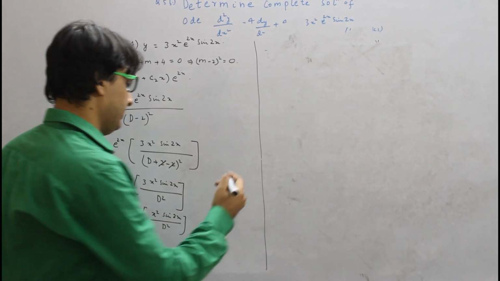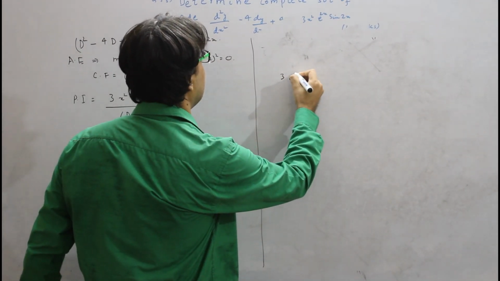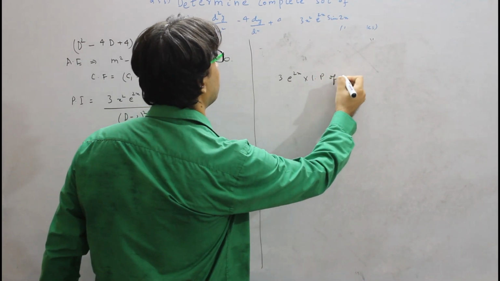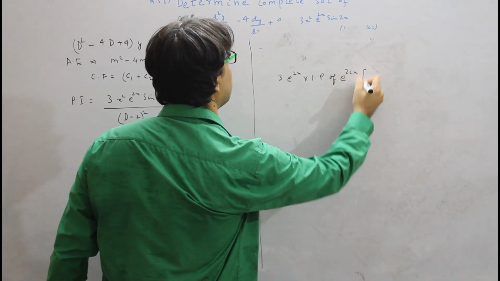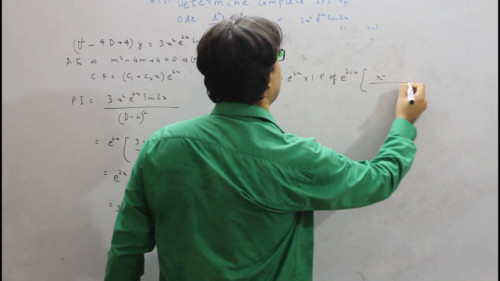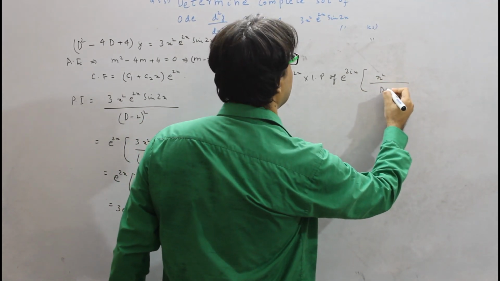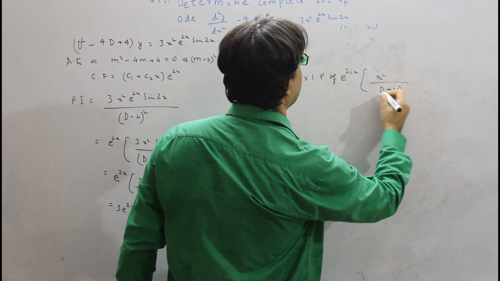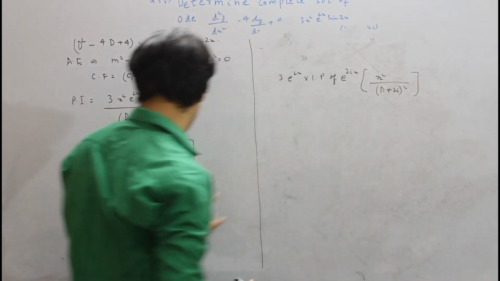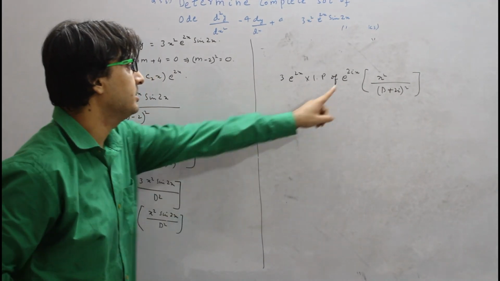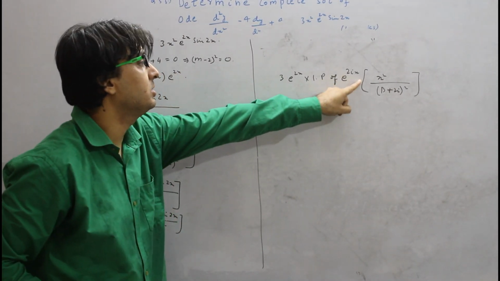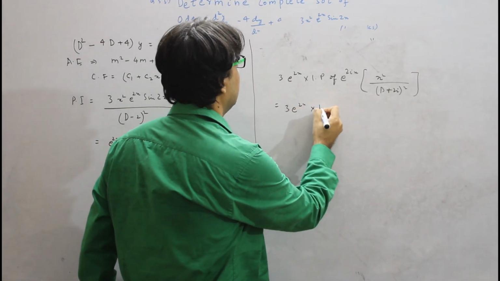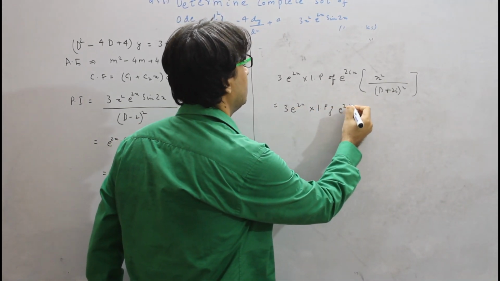We can write this as 3 e to the power 2x into the integrating factor of e to the power 2ix x square divided by d, because we are taking sine 2x, so that is the imaginary part of e to the power 2x. So this is also a method through which it can be solved.